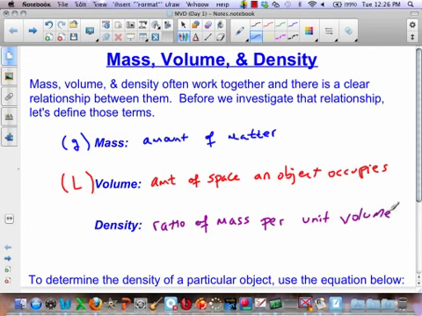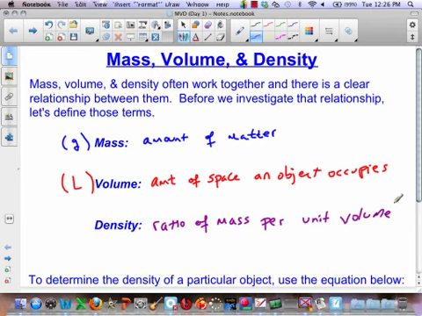What do I mean by unit volume? Just like population density, it's per 1 square mile. So if we're doing density, it's going to be per liter, per 1 milliliter, per 1 kiloliter. It's 1 on the bottom, so your denominator is always going to be a 1.